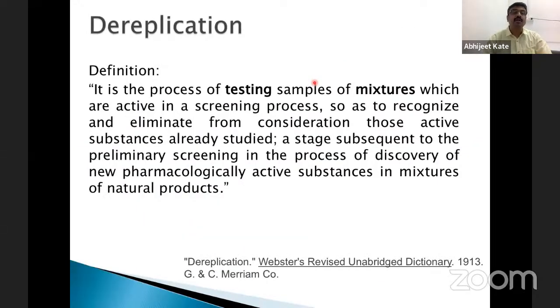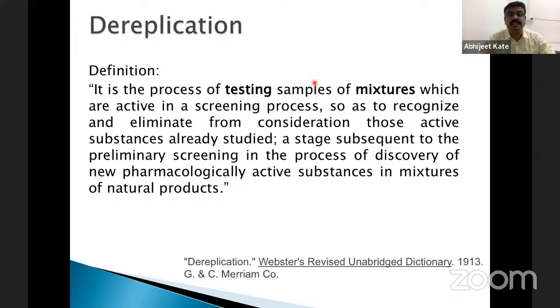Okay, this is a simple definition which I have got from the dictionary of de-replication, which I have already explained to you, but it is clearly mentioned that it is a process of testing the samples of mixtures which are active in the screening process, to recognize and eliminate them from consideration, right? If they are already studied by someone else.